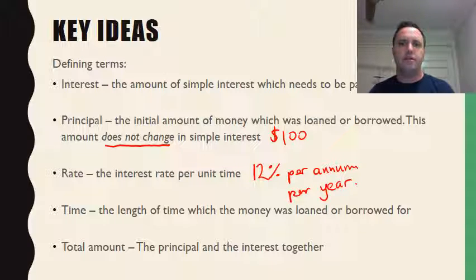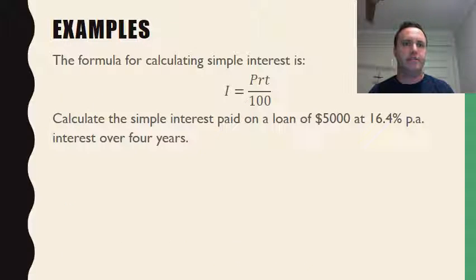That means 12% of this original amount gets paid per year. Time is the length of time which the money was loaned or borrowed for. And the total amount is the principal and the interest together. Right, let's have a look at some examples.